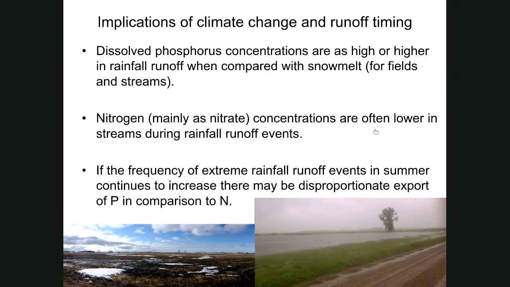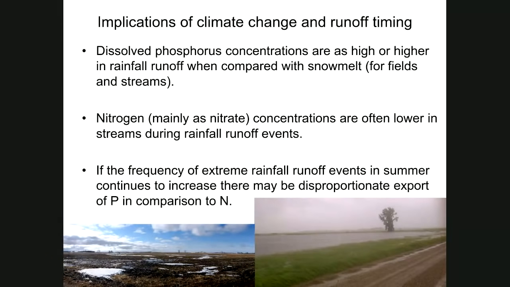For nitrogen, we see movement mainly as nitrate, and those concentrations are often lower in streams, at least we've seen, during rainfall runoff events, or larger rainfall runoff events anyway. This may be related to lower concentrations at the source, or just more extensive transformation in wetlands and riparian areas, and nitrogen tends to be more quickly reactive.